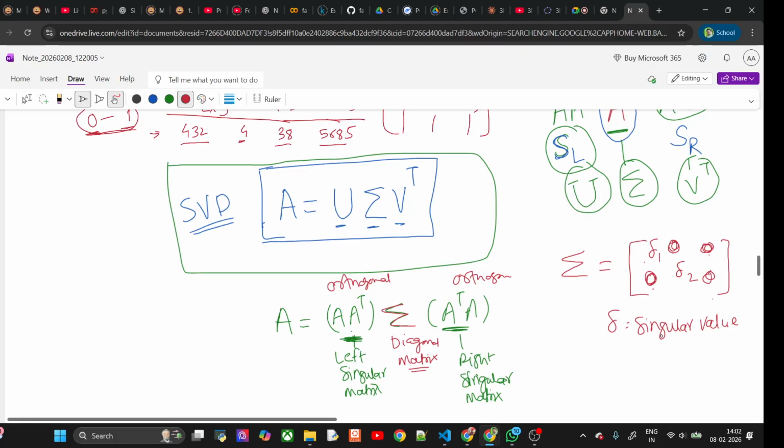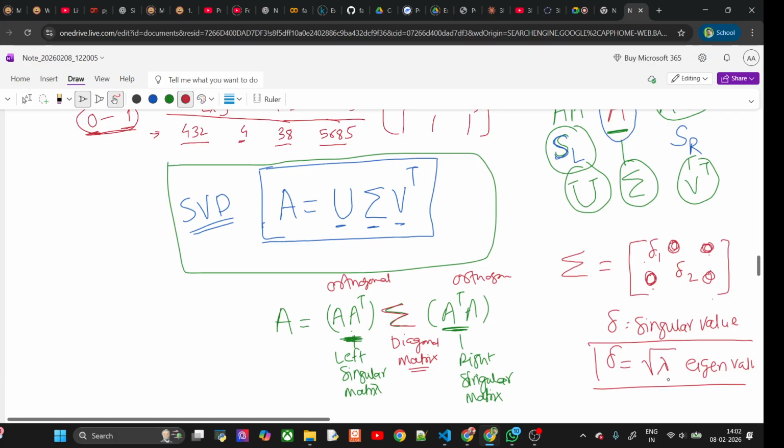The singular values are nothing but the square root of your eigenvalues. So whatever eigenvalues you are calculating, the singular values sigma 1, sigma 2 are the square roots of your eigenvalues.